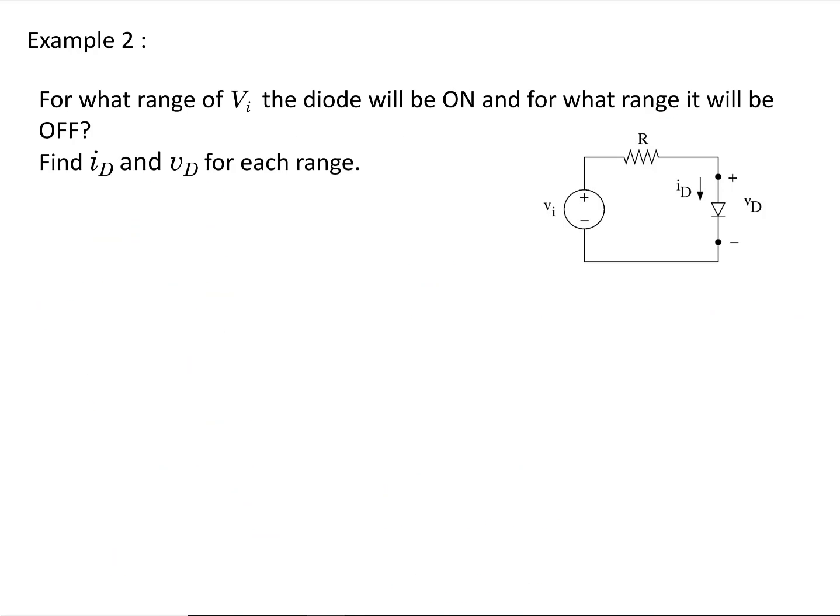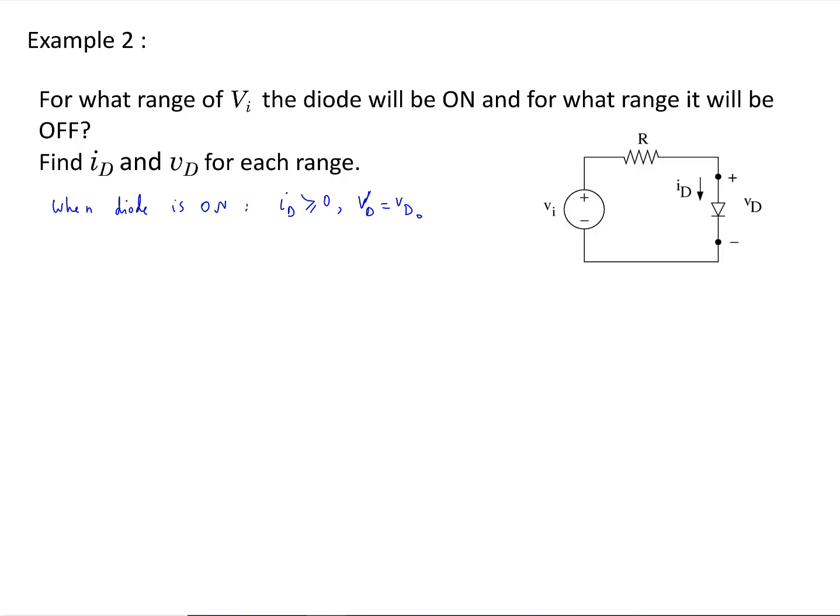The second example is the same problem, but in this problem we would like to find the range of VI for which the diode will be on and the range of VI for which the diode is going to be off. So again, when the diode is on, I know that ID is going to be greater than or equal to 0 and VD is going to be equal to VD naught.